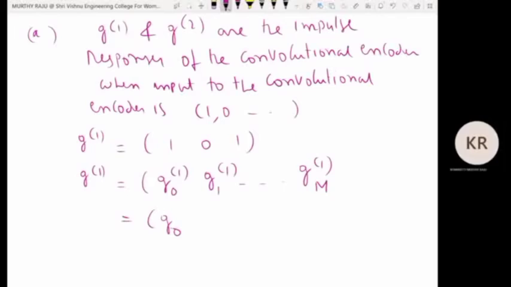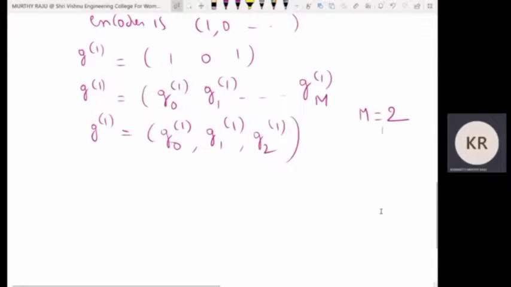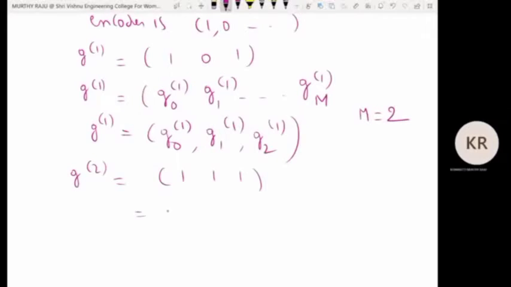Therefore, G of 1 is equal to G0 of 1, G1 of 1 and G2 of 1. Because here M is equal to 2, representing the state of the convolutional encoder. And similarly, G of 2 is equal to 1, 1, 1.